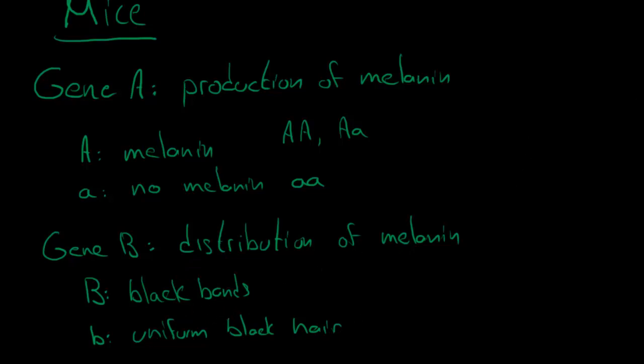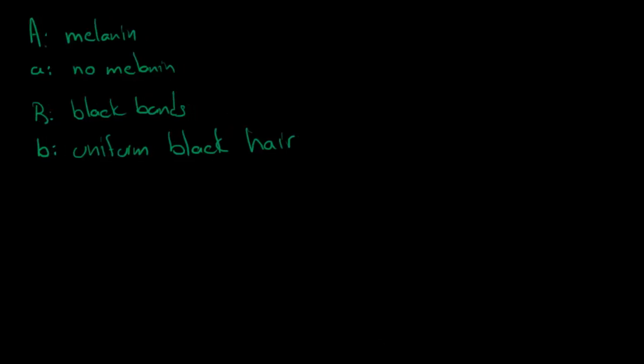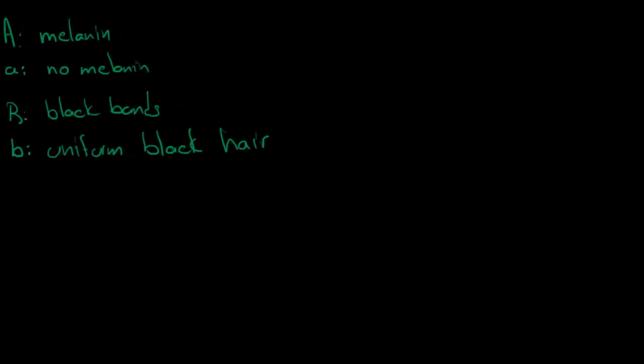Now, let me rewrite those symbols underneath and let's try to do some examples, and hopefully you will understand and get it quickly. So these are our symbols. Let me give myself a little bit of space. So let's start with a pure breeding cross.